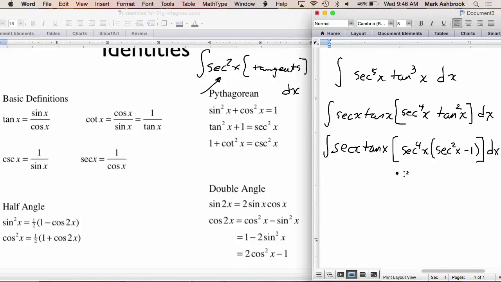So really in here we've got what? Secant to the sixth and secant to the fourth. Piece of cake now. Write down the answer.